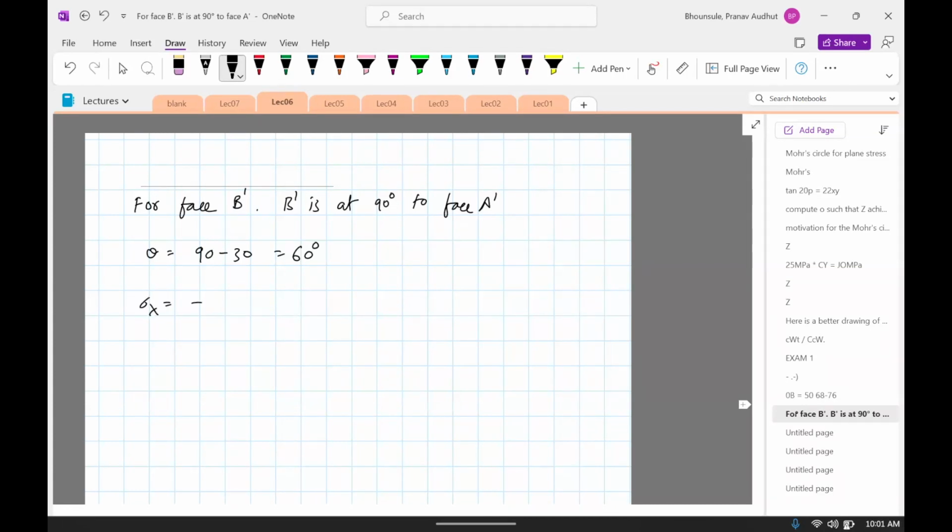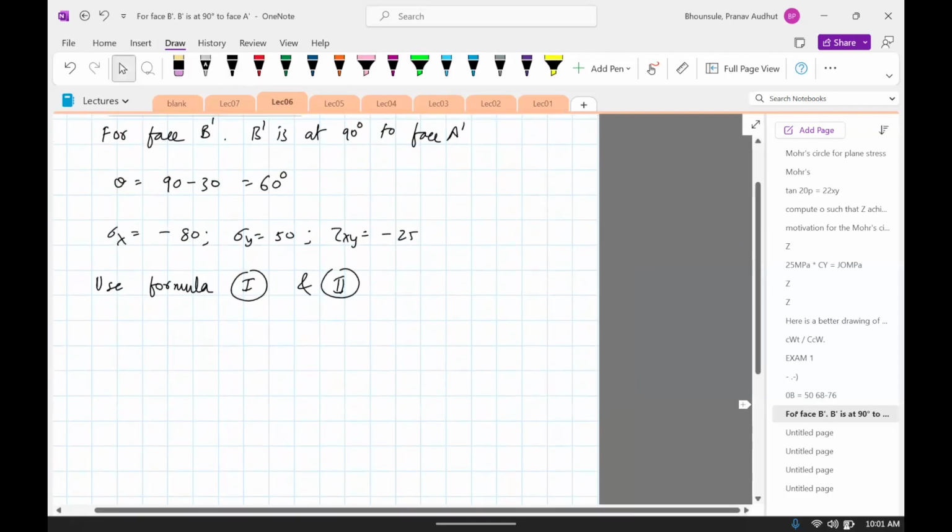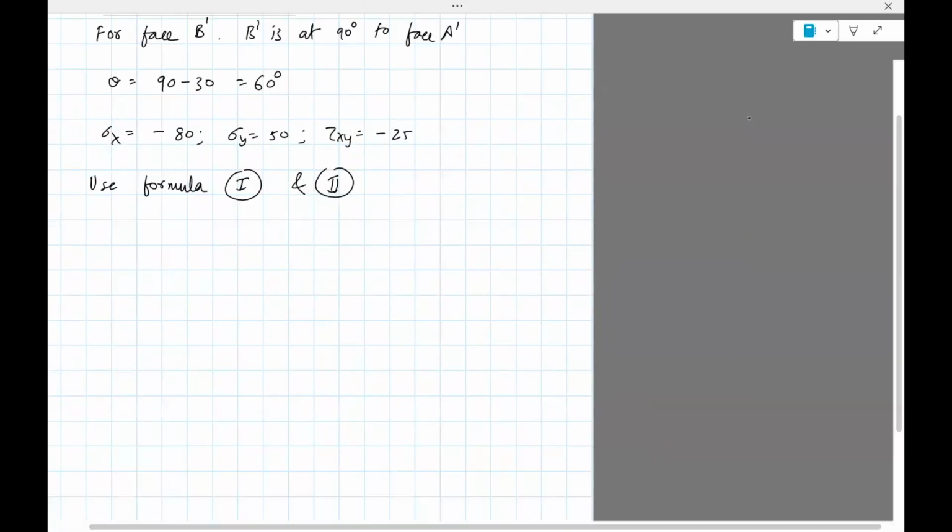Sigma x is the same as before. Sigma y is 50, same as before. Tau xy is the same as before, it's minus 25. And then we use formula 1 and 2, which I wrote down on the previous page, and solve for the stress on face B.